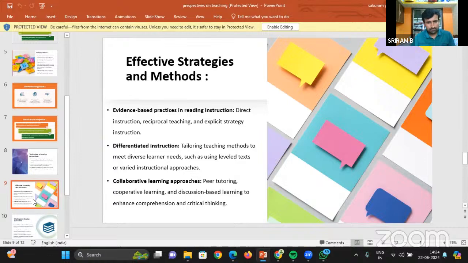Next one is collaborative learning approaches: peer tutoring, cooperative learning, and discussion-based learning to enhance comprehension and critical thinking. Okay. So, what is peer tutoring or cooperative learning? Can anyone give some example which happens in our daily life, and what is discussion based learning?